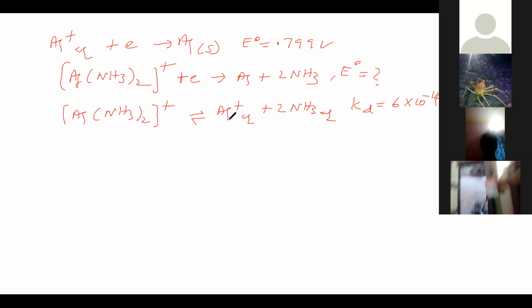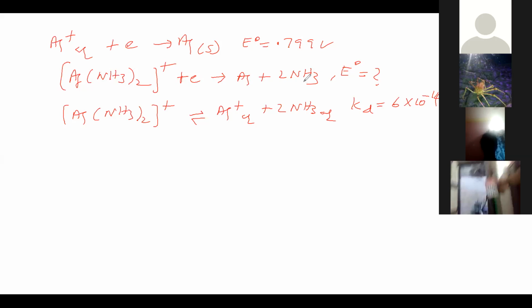In dissociation, the Ag plus present as central metal in the complex simply comes out from the complex and goes to solution. But here, Ag plus in the complex takes an electron from the cathode and becomes silver and deposits over the cathode. The ammonia goes to solution.